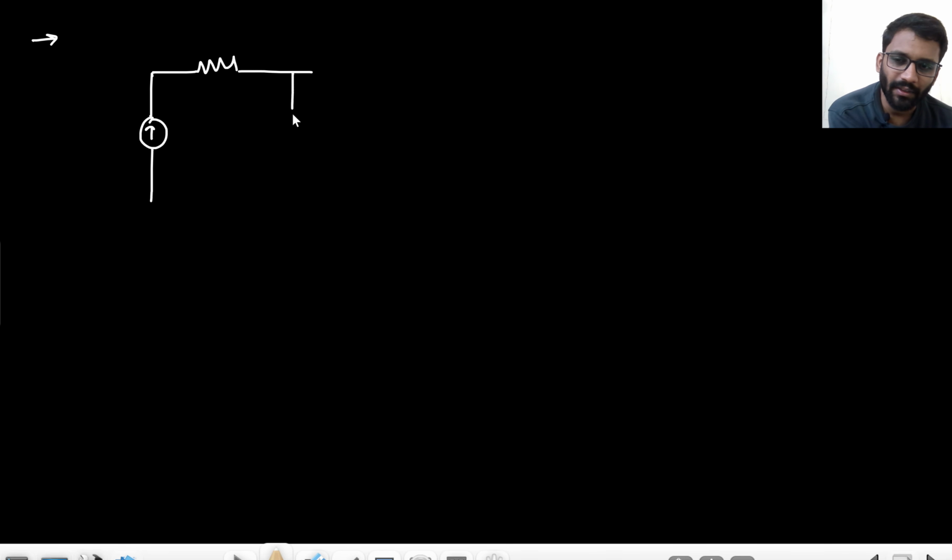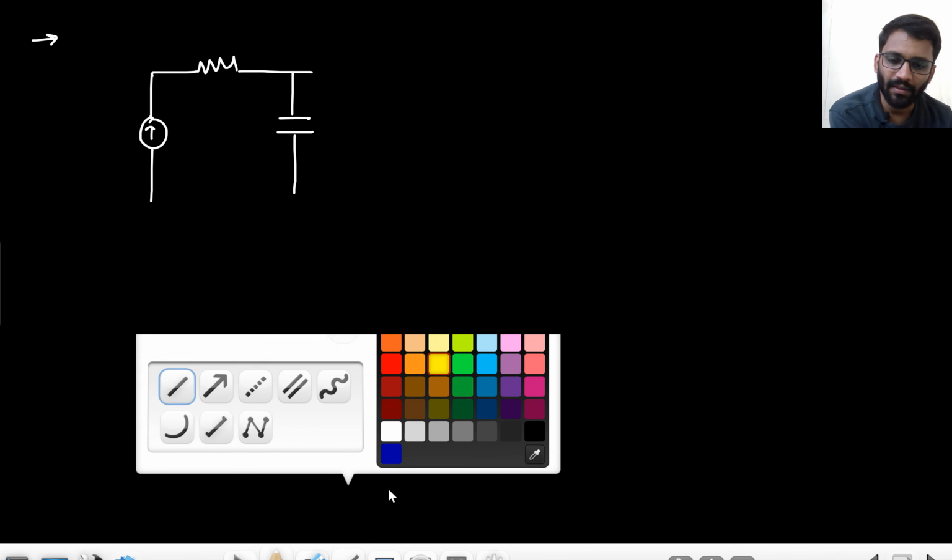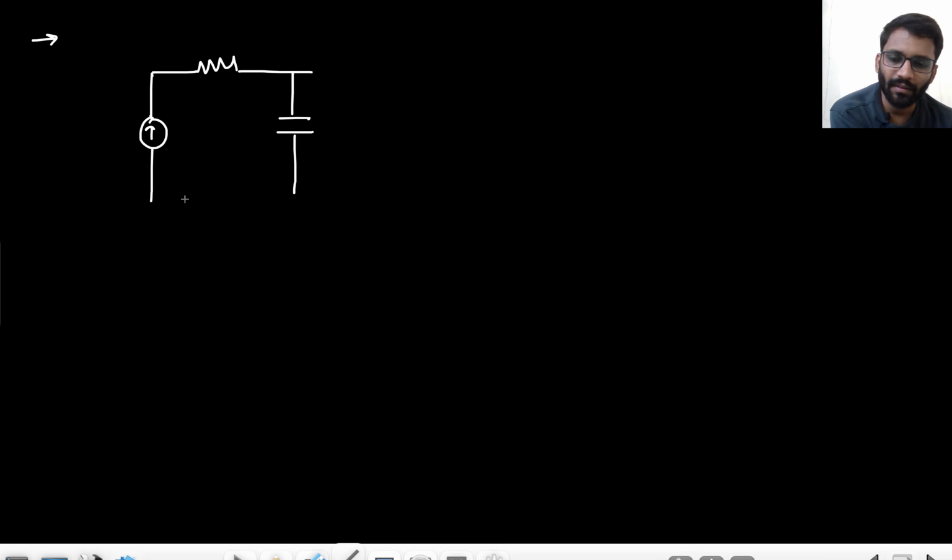So let's just solve the problem. This is the current source you have. Then you have a resistor. Then you have a capacitor. Resistor and capacitor.